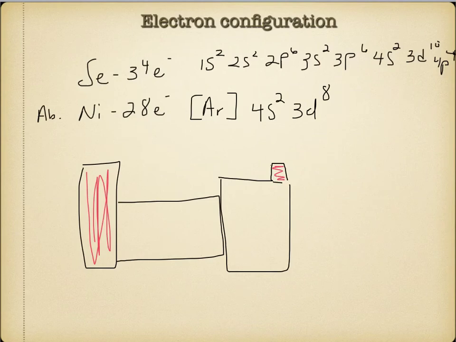This is the P block, and this will be the D block. If we know the D block drops down.